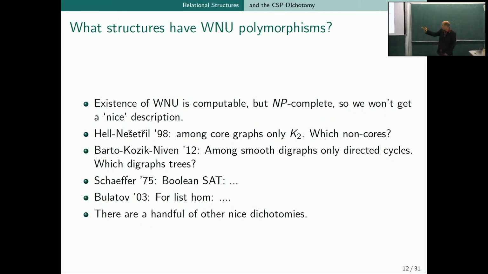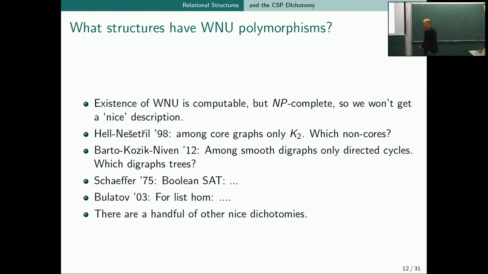And one of those other nice CSP dichotomies is the switch-Hom dichotomy that we talked about before. Now, if you're really on top of things, you might yell out at me, switch-Hom isn't a CSP, because how do I switch?